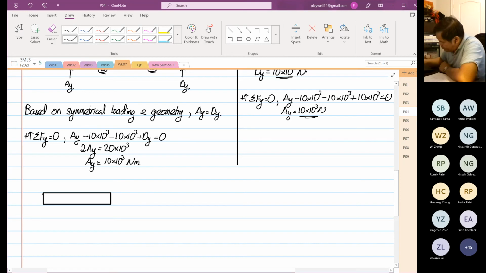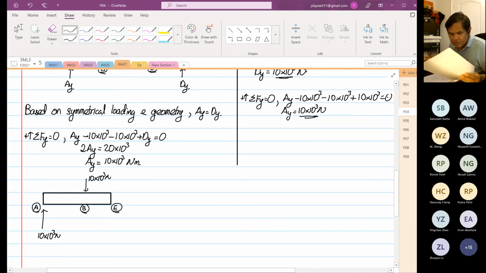So we know that this is our point A. We know that this is our point B. And we know that failure is going to occur at point E, right? So this over here is 10 times 10 to the power of 3 Newton. At point B, it's going to do this, right?